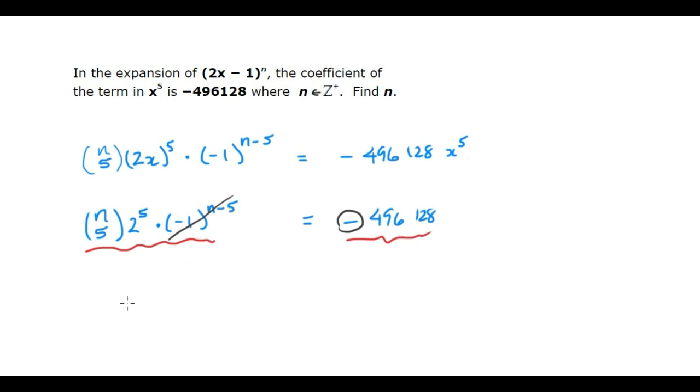So that means with our nsolve, we can bypass those weird error messages if we just focus on n choose 5 multiplied by 2 to the power 5, which is just 32. We want to see what value of n is going to give us 496,128.